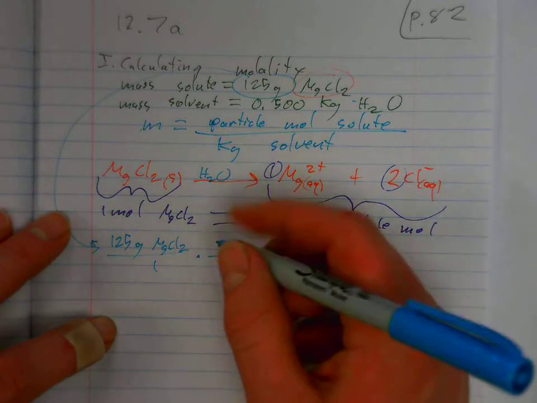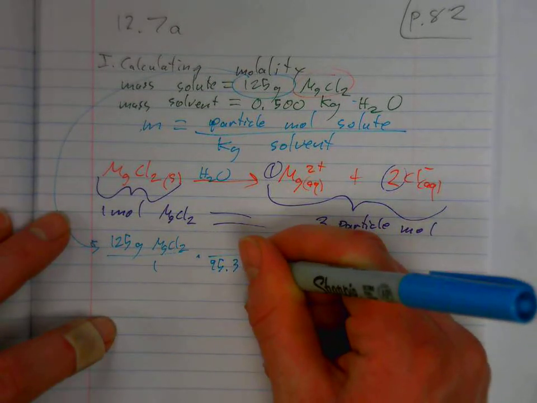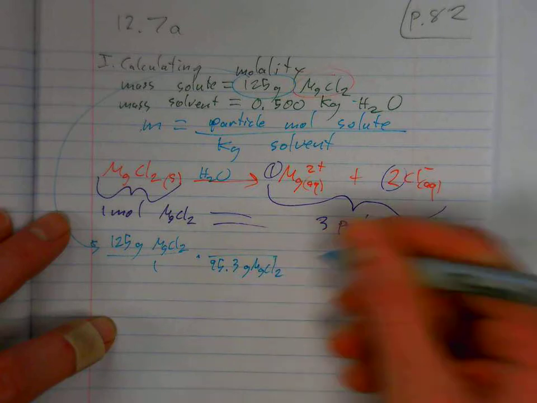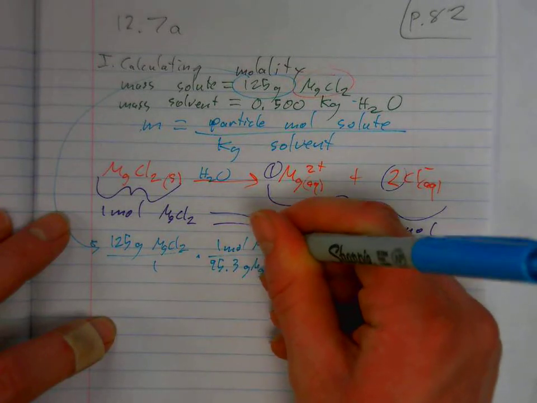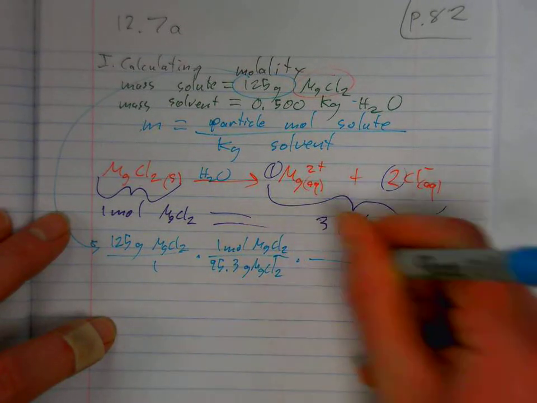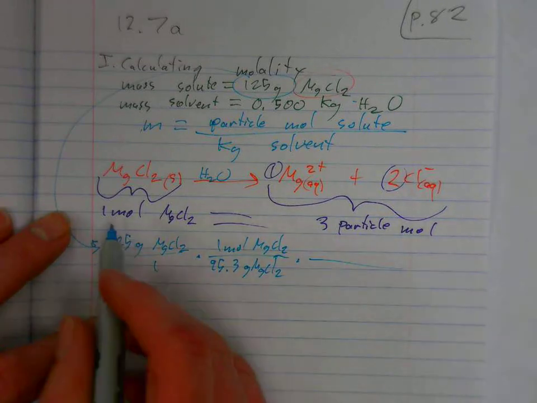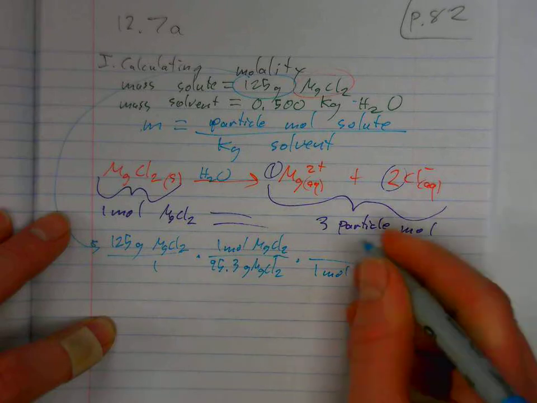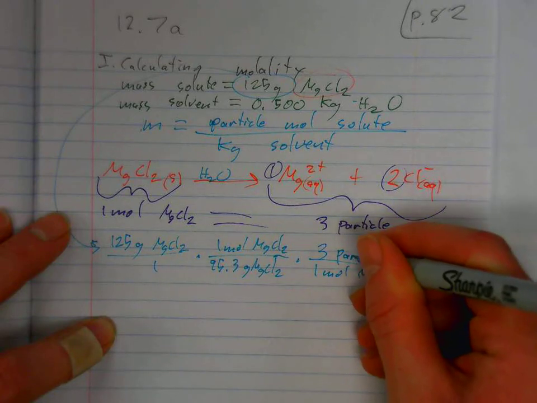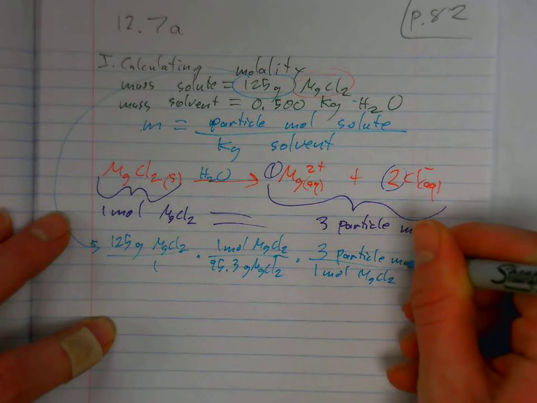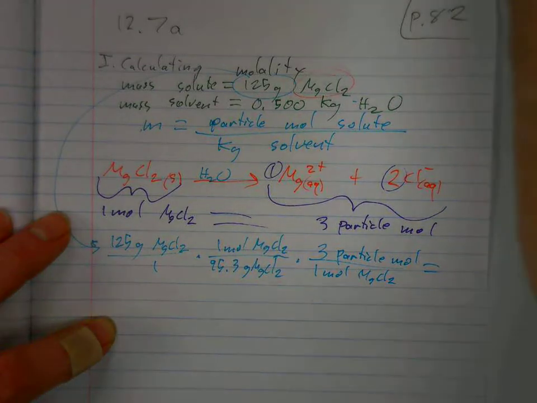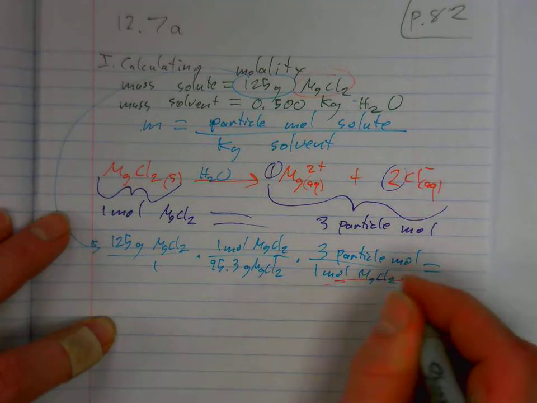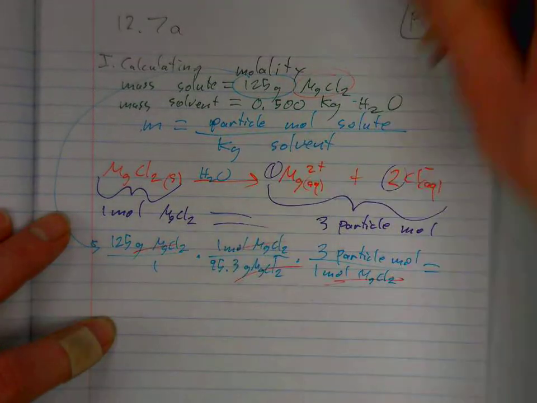And now we use this link right here. For every 1 mole of MgCl2, we have 3 particle moles. So this will give us the number of particle moles. Calculate that, and it comes out to 3.93 particle moles.